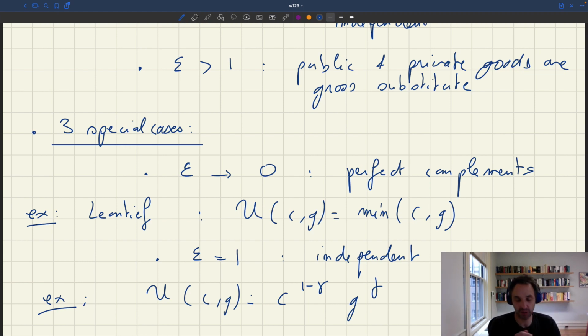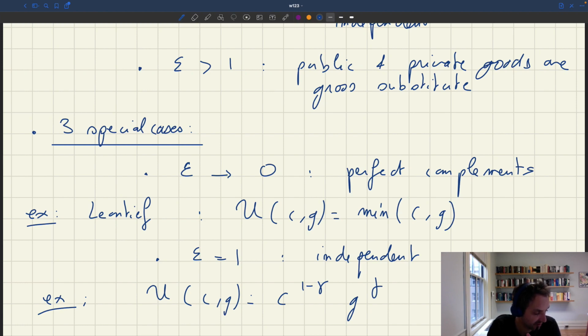Why do we say that they're independent? Well, you can see, if you take the log of the utility function, you get (1-gamma) log C plus gamma log G. And so you can see that the marginal utilities on C and G, once you take logs, are completely independent. So there is no relationship in a case like this between C and G. They do not affect the marginal utility.